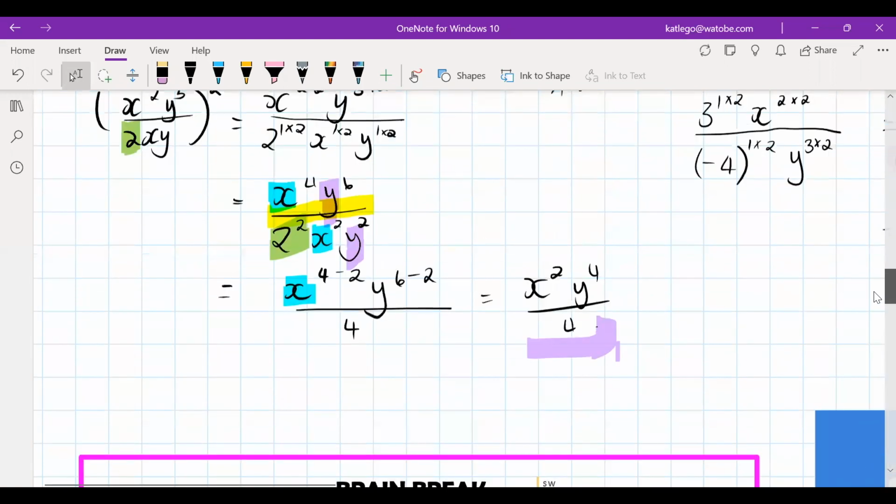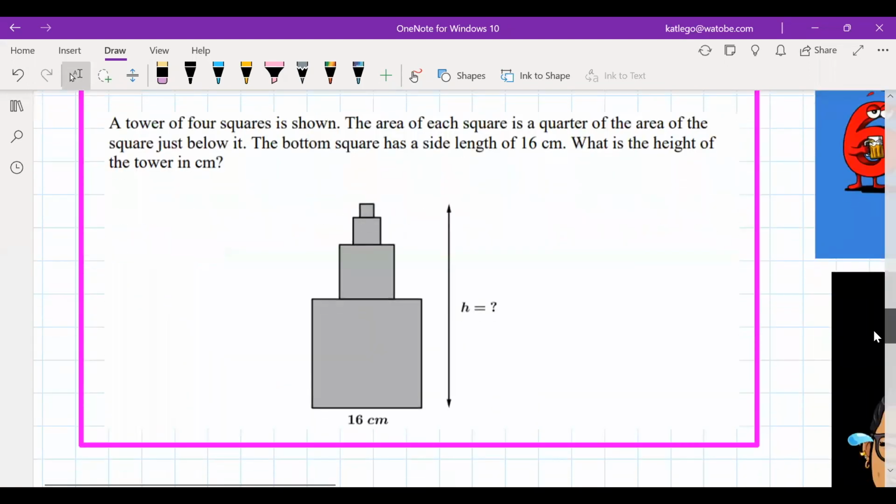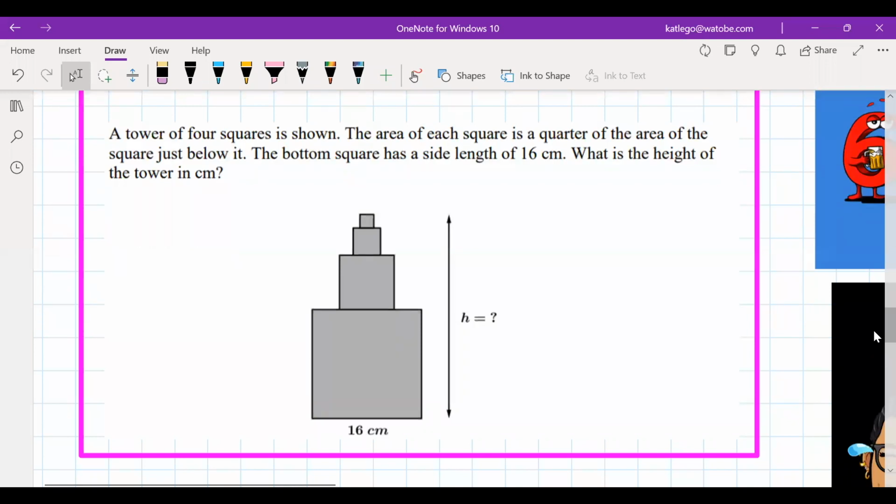Okay. Let's do a brain break. That is not really a brain break, but it's fine. Let's see who's gonna figure this out first. It says a tower of 4 squares is shown. The area of each square is a quarter of the area of the square just below it. The bottom one has a length of 16. What is the height of our tower?